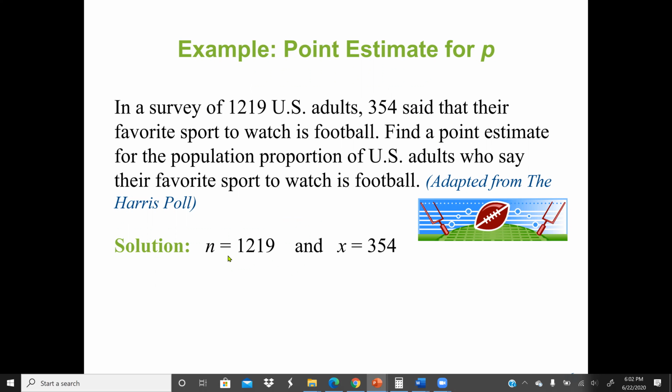So n will be the sample size, 1219, and our random variable x will be 354. To find the point estimate for the population proportion, it will be x divided by n. So 354 divided by 1219 gives us roughly 0.290402, approximately 29.0%. Again, to find a point estimate for the population proportion, it is the random variable x divided by the sample size.